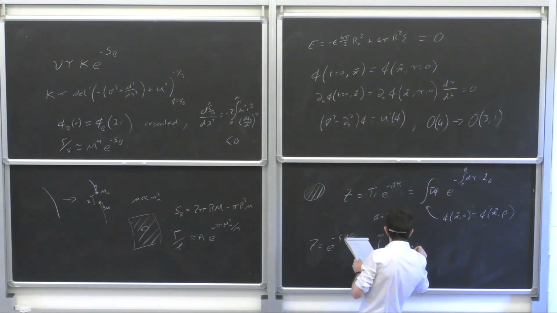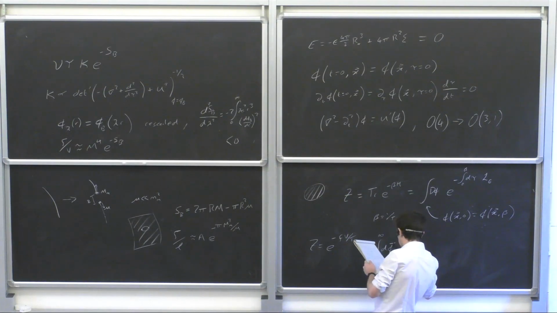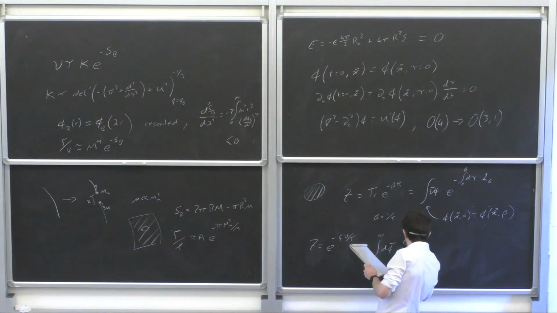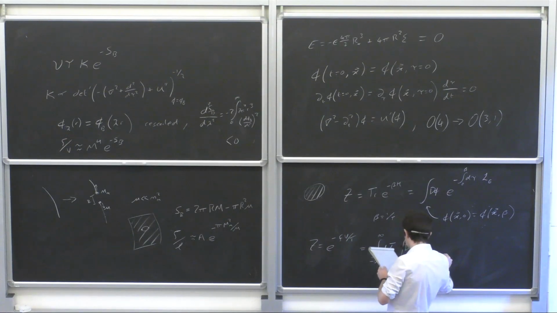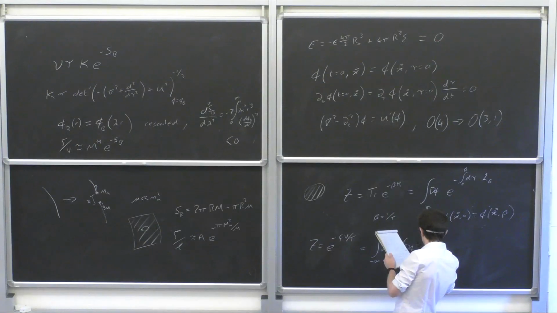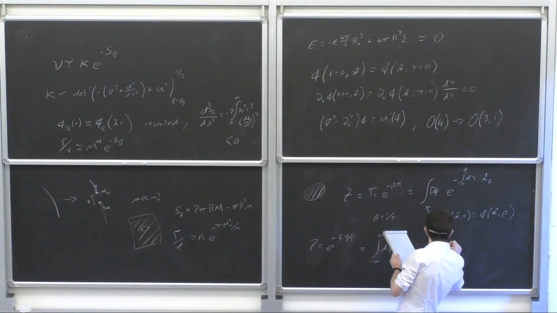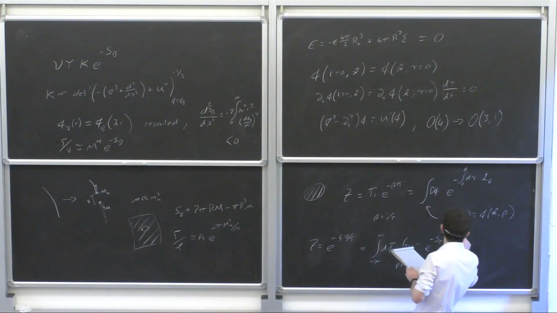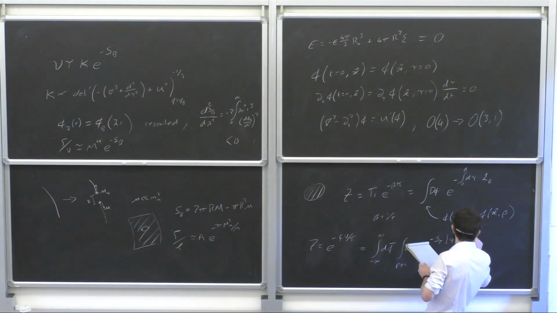Let me call that a path integral over d phi prime. To emphasize, this is removing the zero momentum mode from the path integral. Then e to the minus S Euclidean evaluated on phi equal to phi bar plus phi prime.